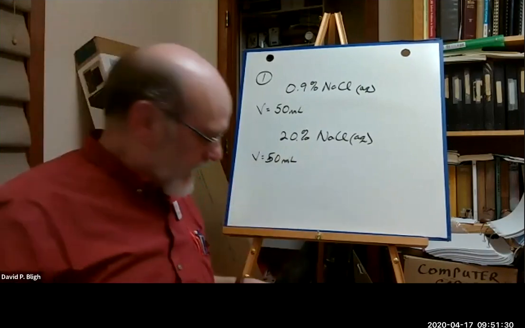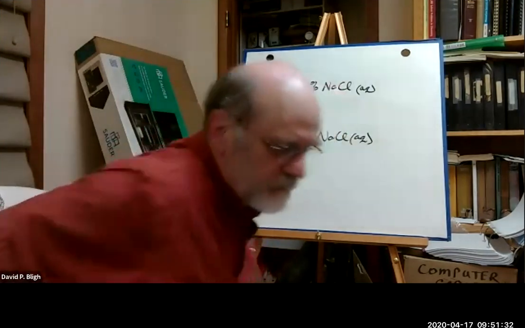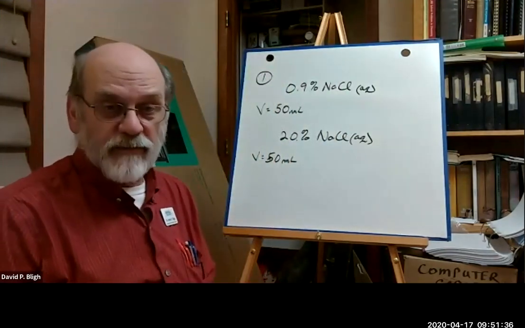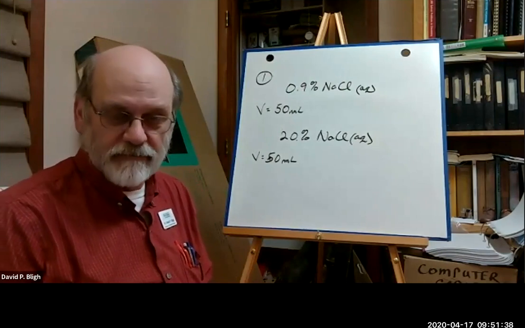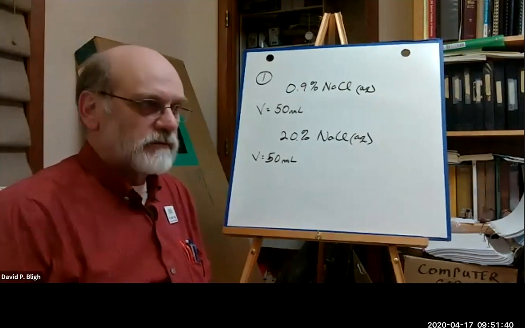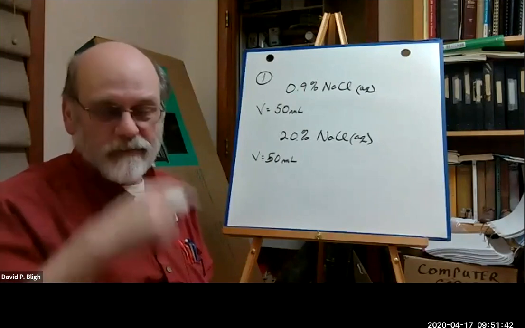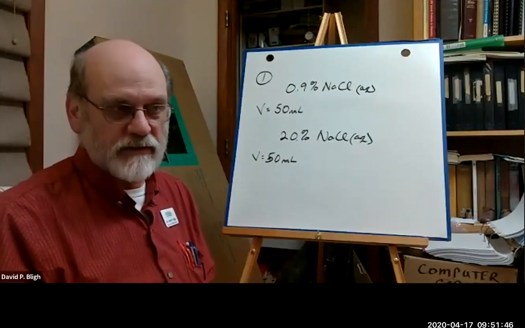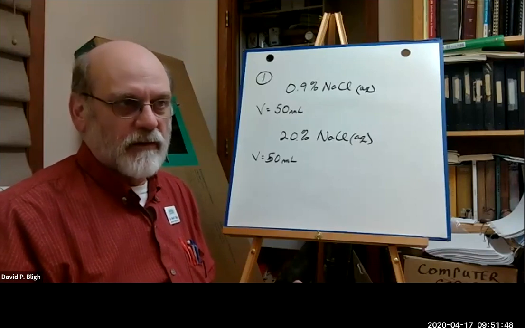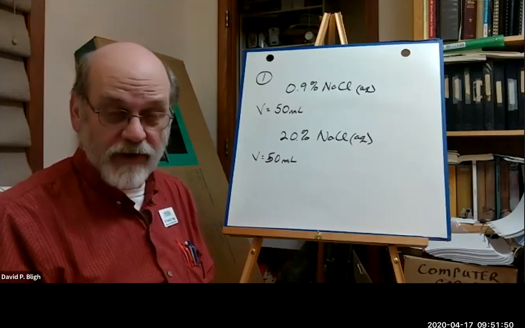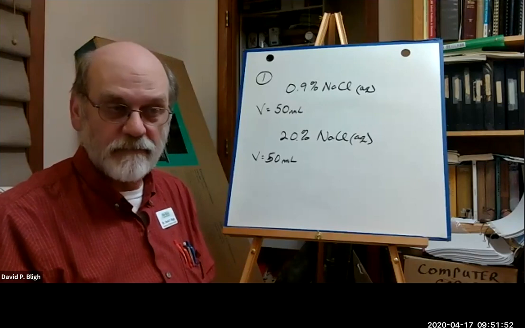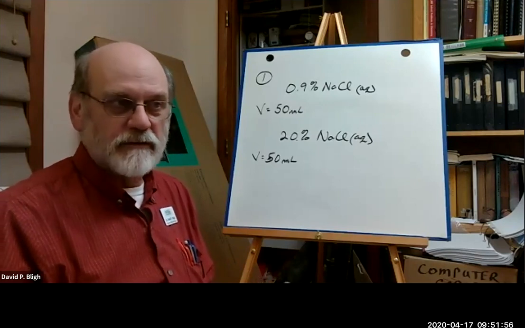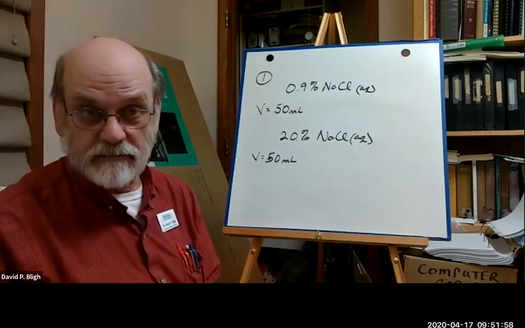Now, as I've said in class before, the problem with percent is it's a dimensionless number. It's just parts per hundred. So what does it mean? What kind of parts to what kind of hundred? I mean, is it grams per 100 grams, which would be mass? Is it grams per milliliter? Or is it milliliters per 100 milliliters?